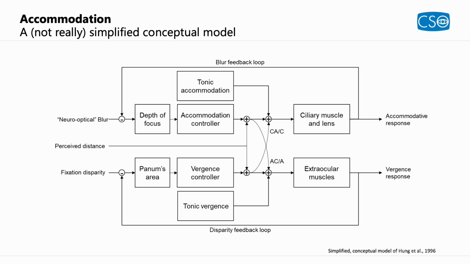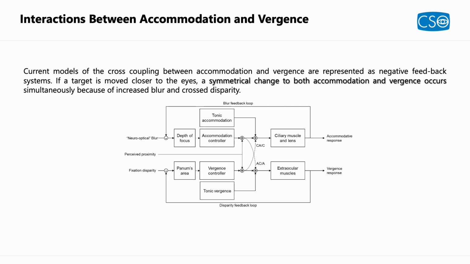When we have a fixation disparity, we stimulate the Panum's area in both eyes. Then we have a tonic vergence that is stimulating the vergence controller, creating an action in the extraocular muscles and creating a vergence response. The relation between the vergence controller and the extraocular muscles is called the ACA relationship.